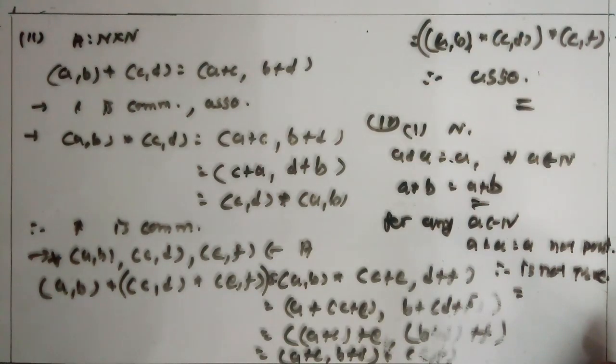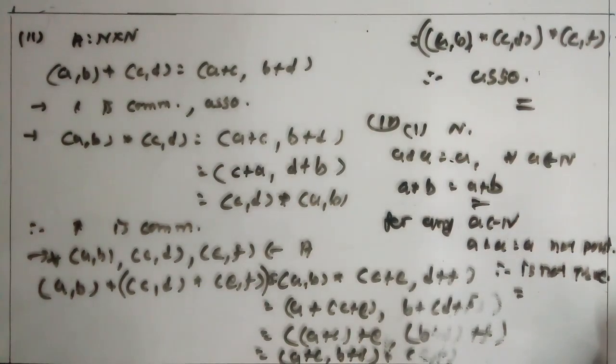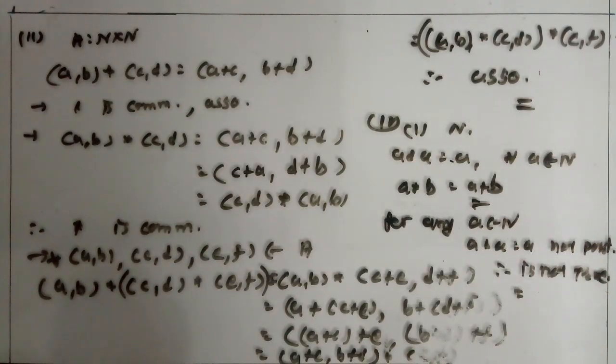Now question number 13. Consider a binary operation star on N defined by A star B is equal to A raised to 3 plus B raised to 3. Choose the correct answer. Options given: star both associative and commutative, star commutative but not associative, star associative but not commutative, star neither commutative nor associative.